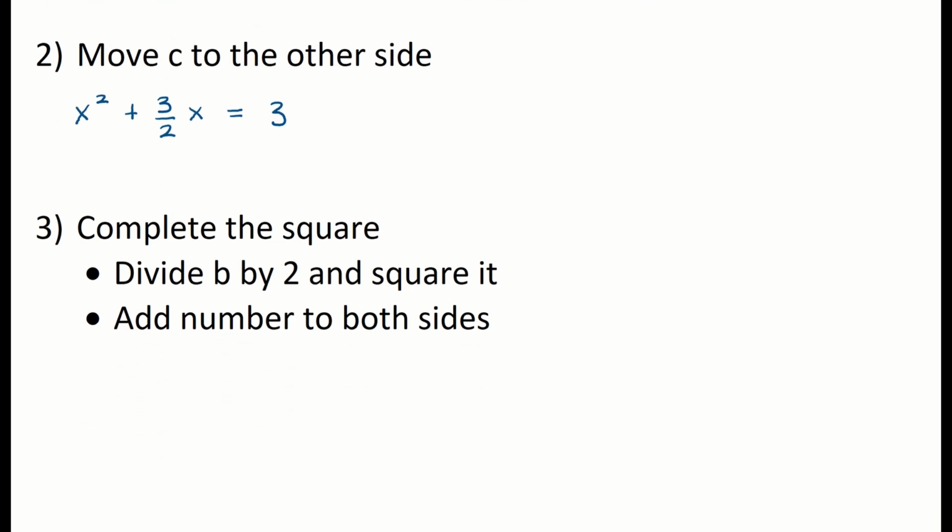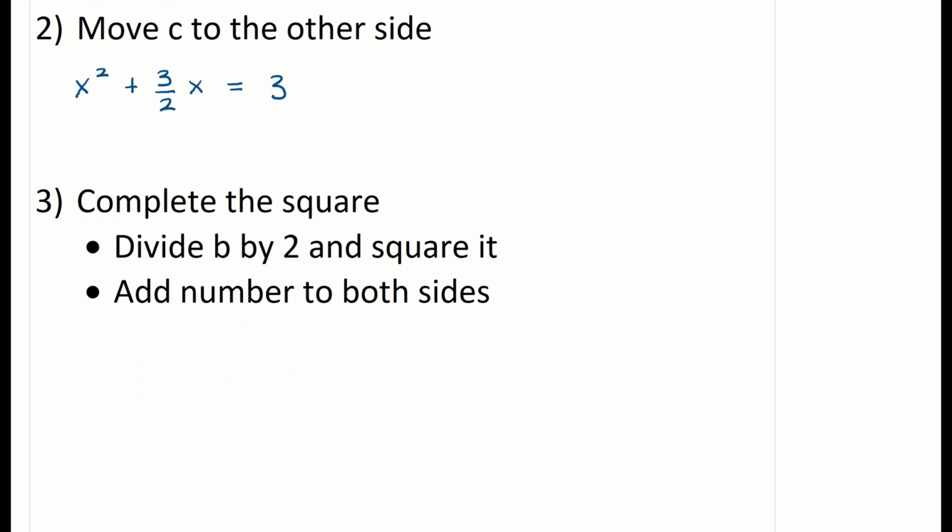And then we can go ahead and complete the square by taking our b, which is 3 over 2. We need to divide that by 2, which, remember, dividing fractions is just like multiplying by the flipped fraction. So 3 over 2 times 1 over 2 will give us 3 over 4. And I'm going to save that by putting it into a box for later.